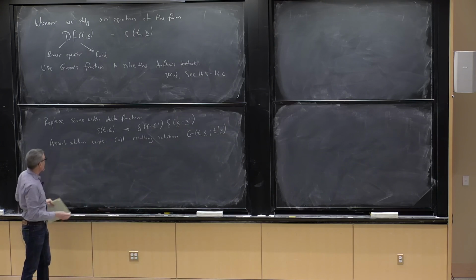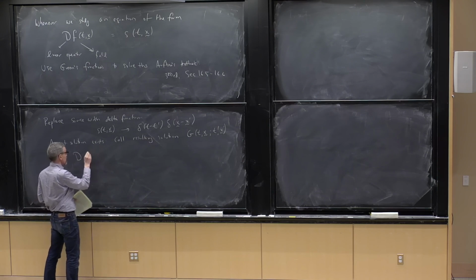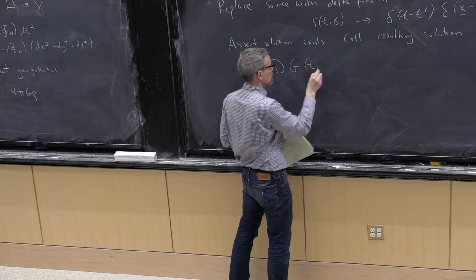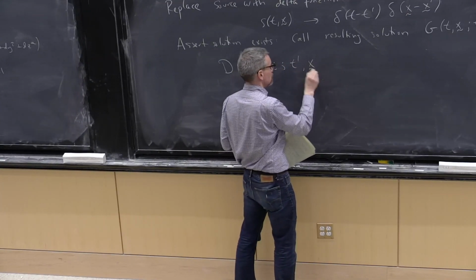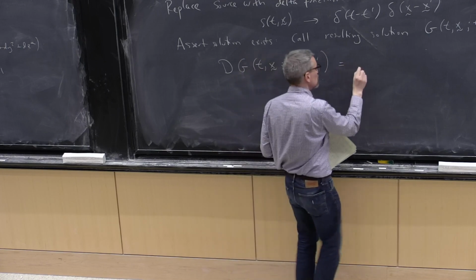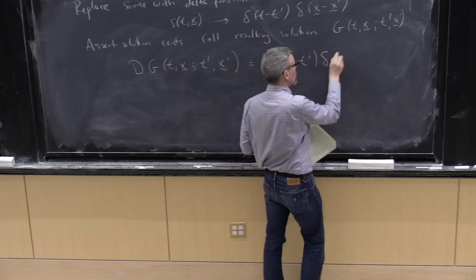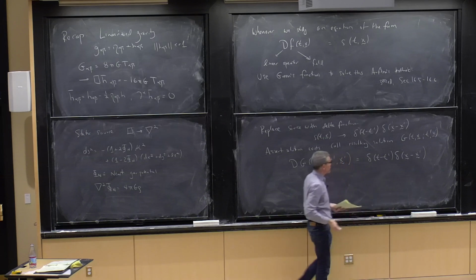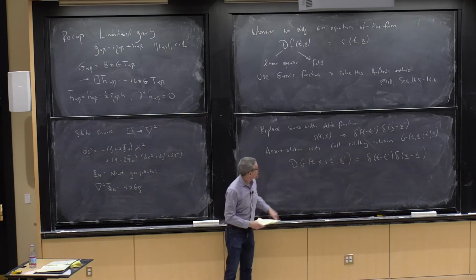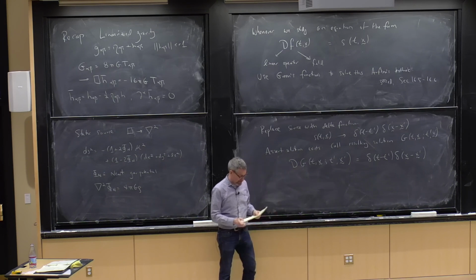So my differential equation for this solution G now looks like so. Whatever my linear operator is, when it acts on this G, it gives me the source, which is now the delta function.